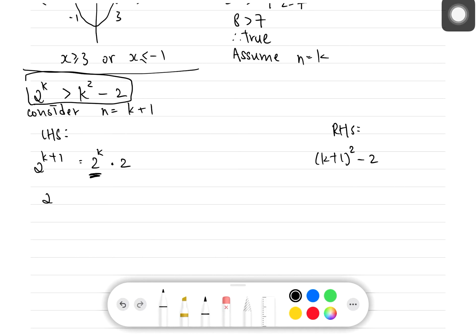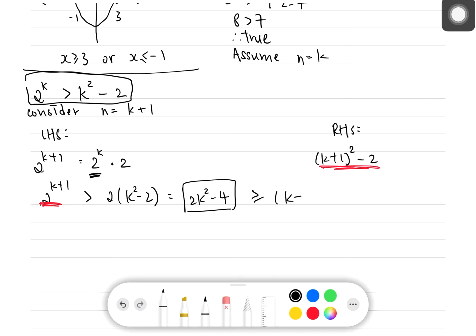So we know that 2^(k+1) is in fact greater than 2 times (k squared minus 2), which is 2k squared minus 4. Now, in what scenario would this be greater than this? Only when 2k squared minus 4 is greater than or equal to (k+1) squared minus 2 will the left-hand side be greater than the right-hand side.